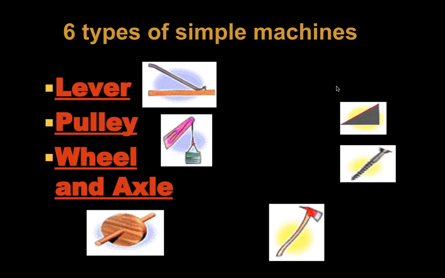On the bottom there you see a wheel and axle. Again, the wheel is the larger part and the axle is the smaller part. Is the wheel always the larger part and the axle always the smaller part? It depends on what you want the MA to be. Sometimes they're flipped around because you actually want an MA of less than 1. Typically, you want your mechanical advantage to be greater than 1 because, again, it makes work easier.